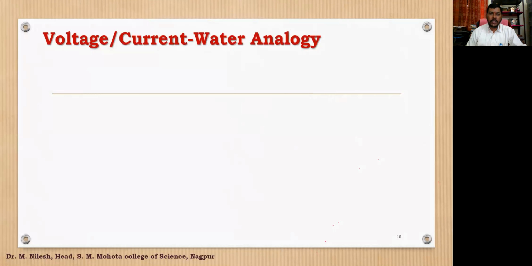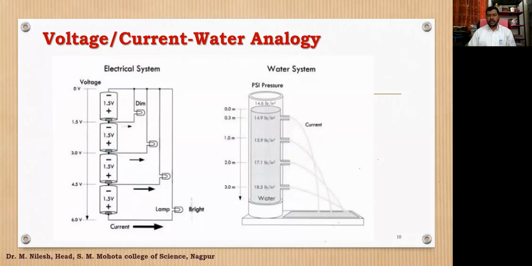Then the voltage and current water analogy circuit, where both are shown. As you can see here, we have four batteries of 1.5, 1.5, 1.5, and 1.5 volts connected in series, as we connect batteries in the remote controls of TVs and so on.